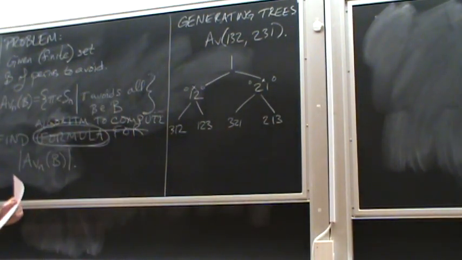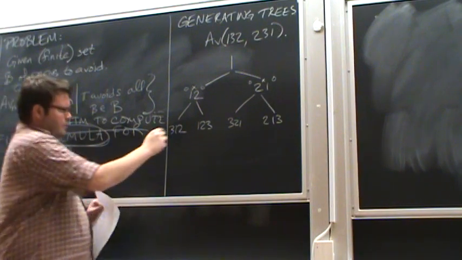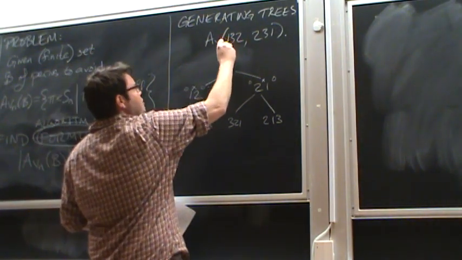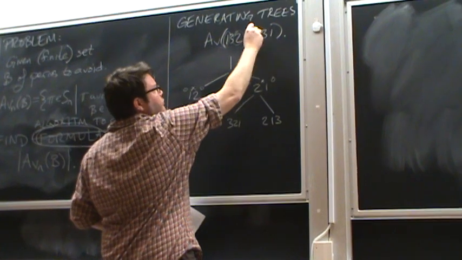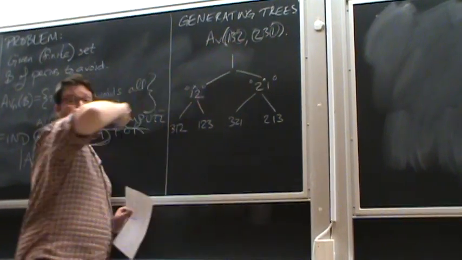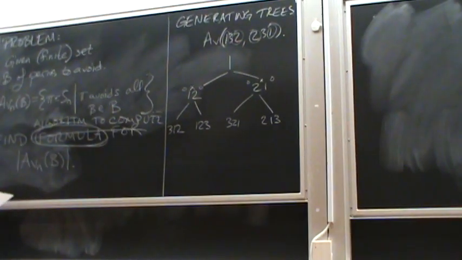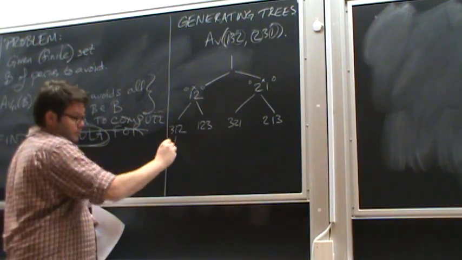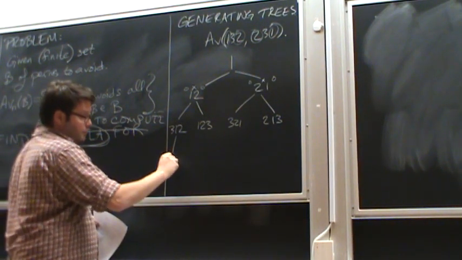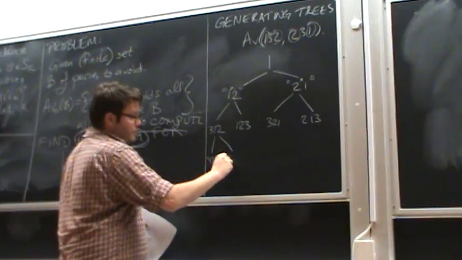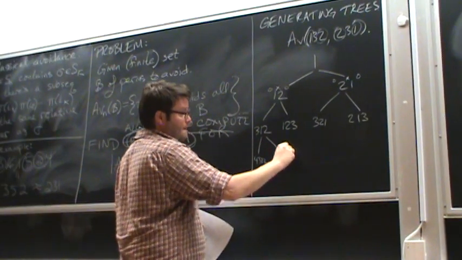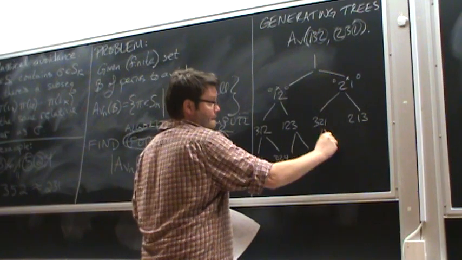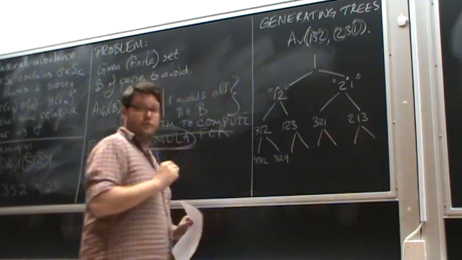And now if you think about it, every 2 elements are either going to be a 1, 2 or a 2, 1. So we can't insert between anything. We can only insert at the sides. So in fact, here, the children of 3, 1, 2 are 4, 3, 1, 2 and 3, 1, 2, 4. Here we have 2 children, and so on and so forth.